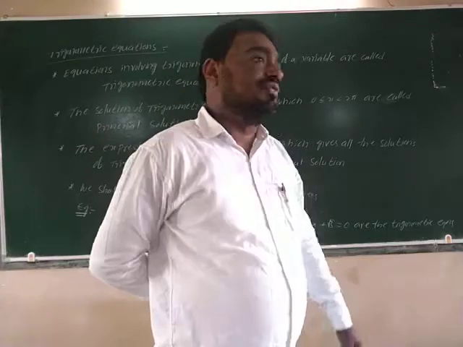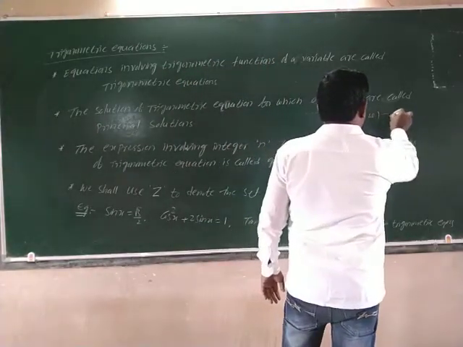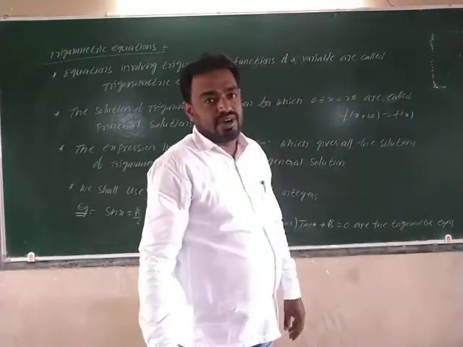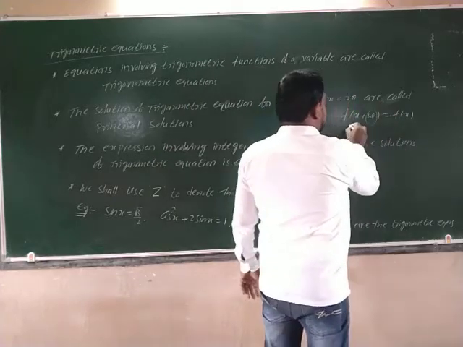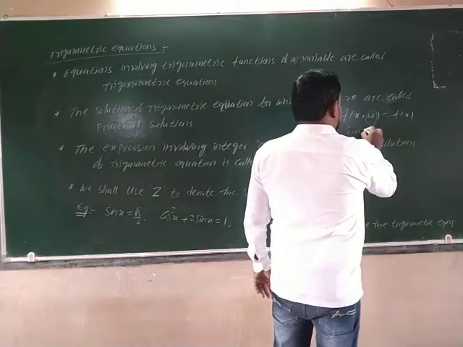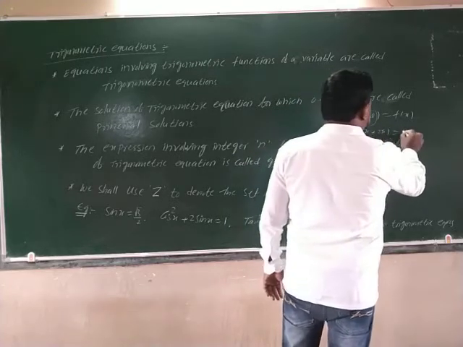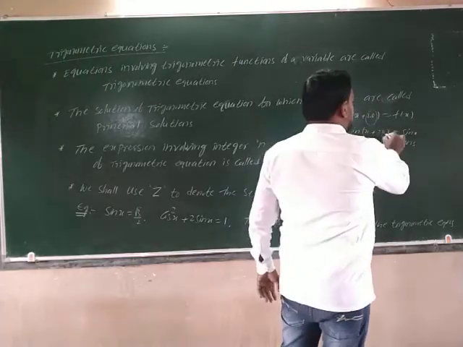What is the period of a function? f of x plus omega is equal to f of x. Then omega is called the period of the function. For example, sin of x plus 2 pi, that is equal to sin of 360 plus x, which is sin x only. Right? So the period of the function is 2 pi.